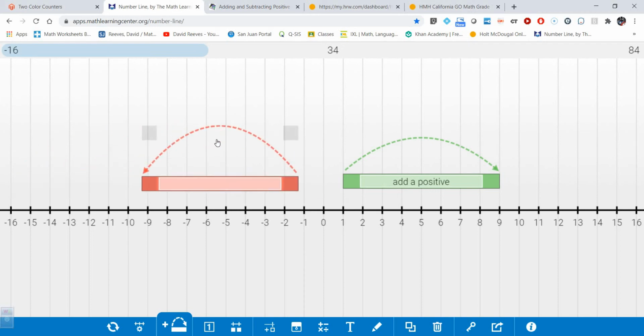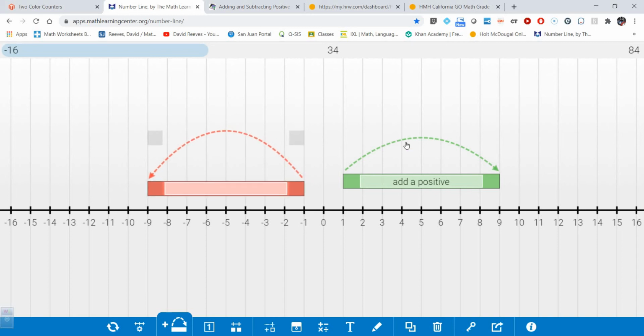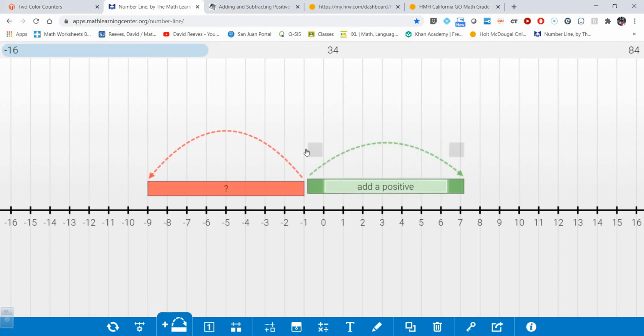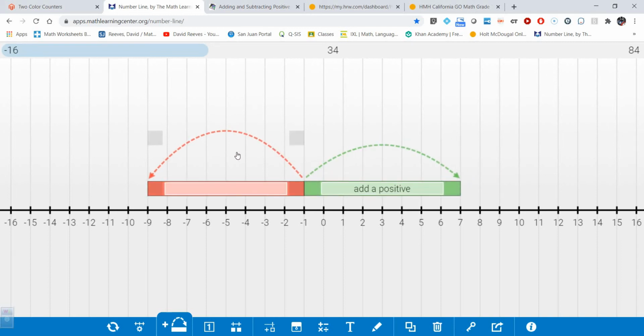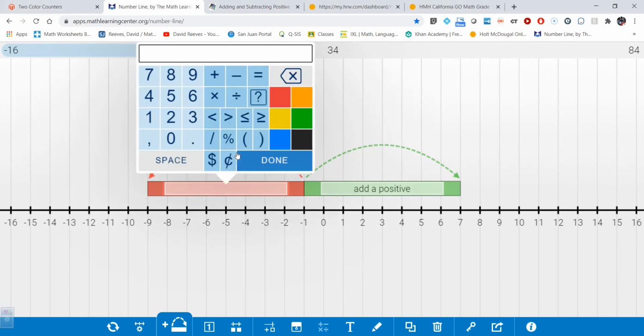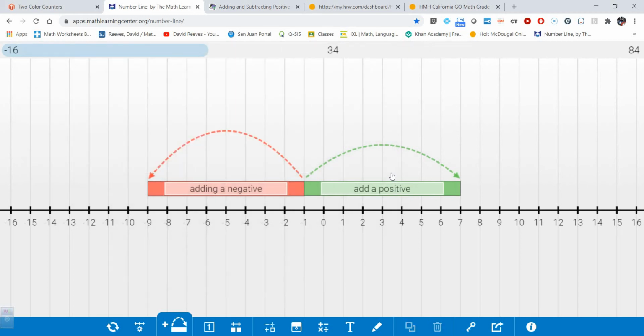I love how it turns red when we're going the other direction. That one right there is going to be adding a negative integer. All right, so if we're on the number line and we want to go to the right, we can add a positive.